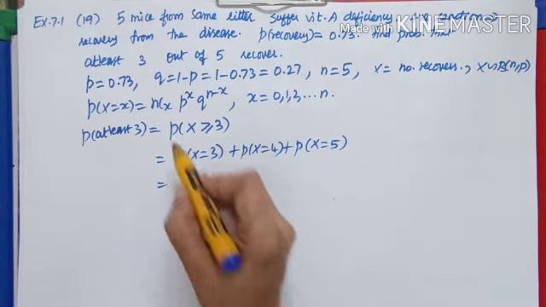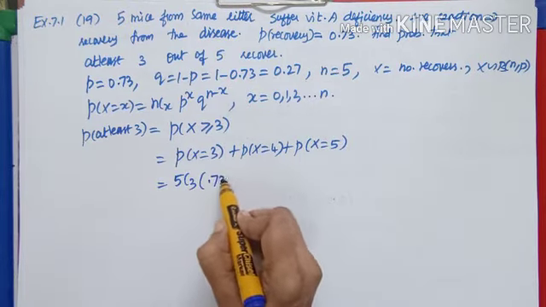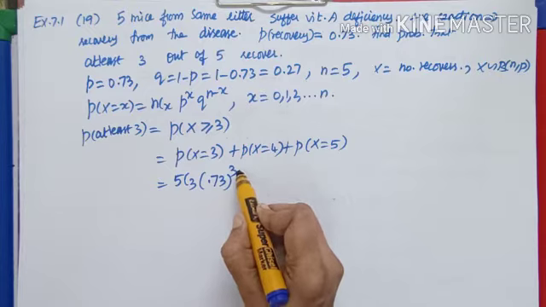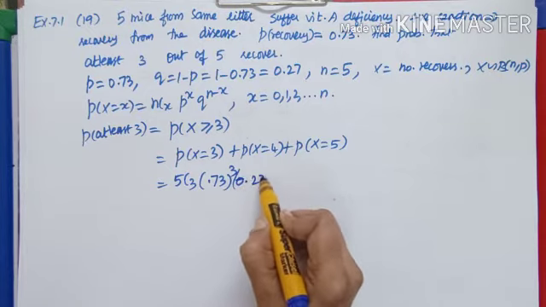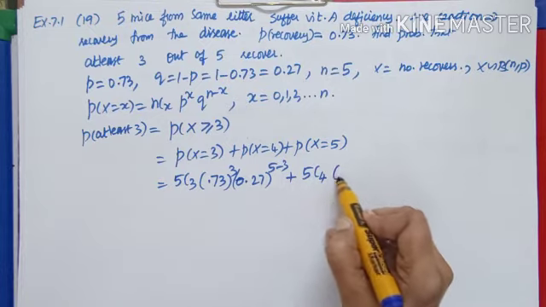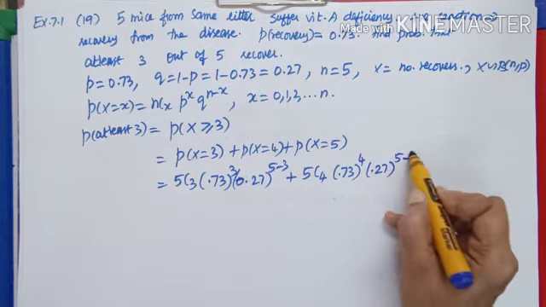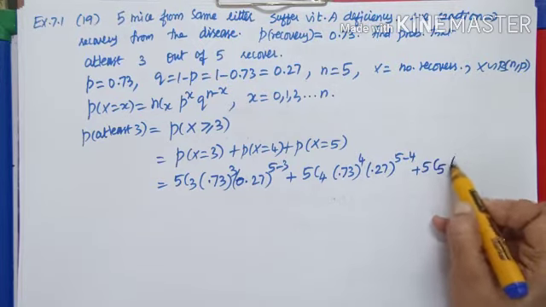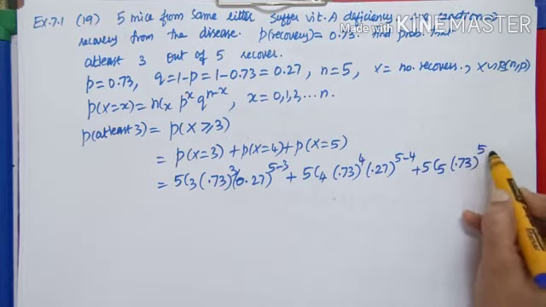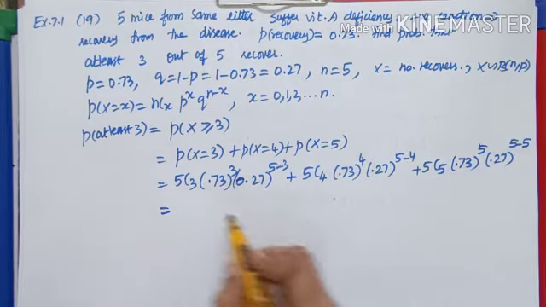Substitute in the formula, N is 5. 5C3, 0.73 power 3, 0.27 power 5 minus 3. 5C4, 0.73 power 4, 0.27 power 5 minus 4. 5C5, 0.73 power 5, 0.27 power 5 minus 5.